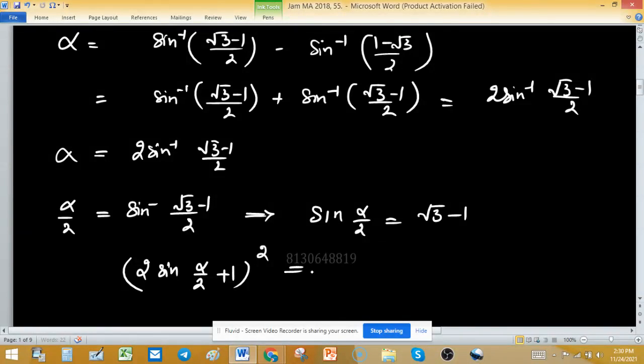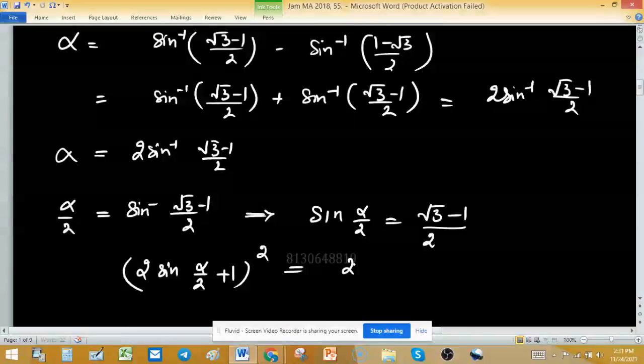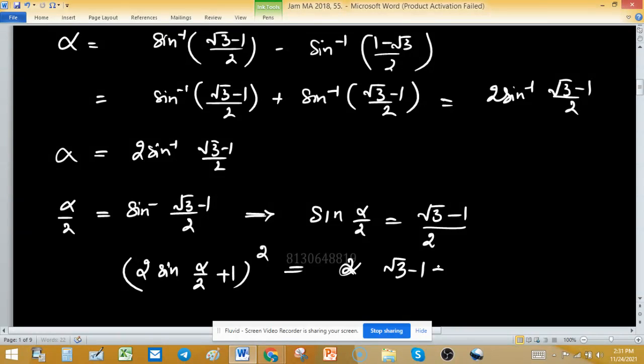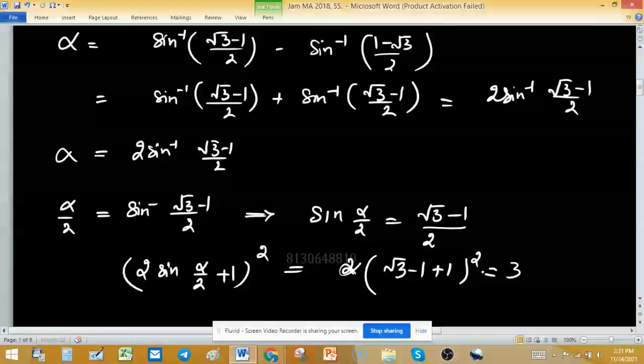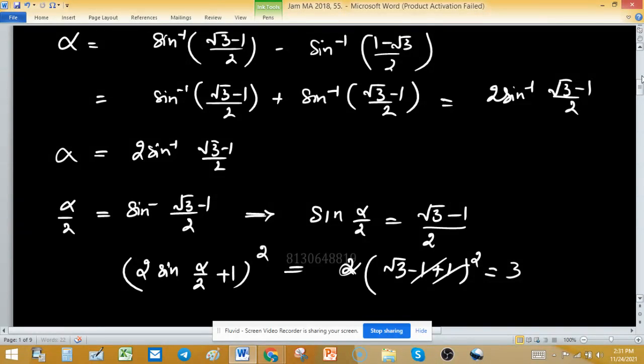To evaluate this expression, I can write 2 sin alpha by 2, where the value of sin alpha by 2 is (root 3 minus 1) upon 2. So this is equal to (root 3 minus 1 plus 1) whole square, which is the same as 3, because minus 1 and plus 1 cancel out.